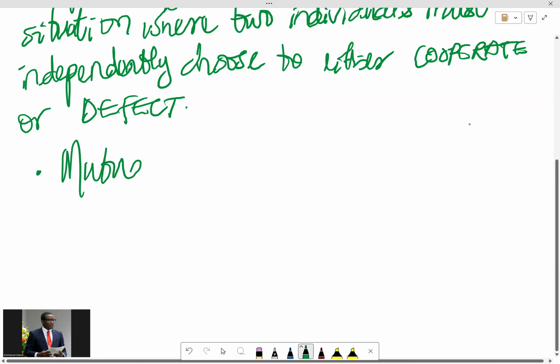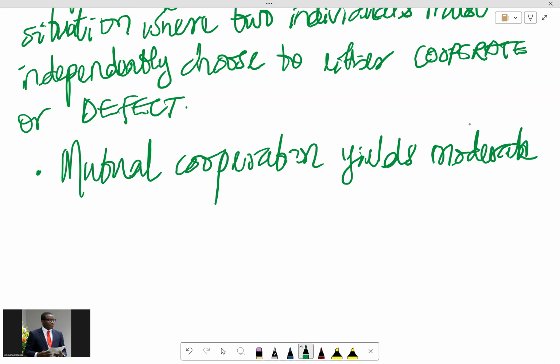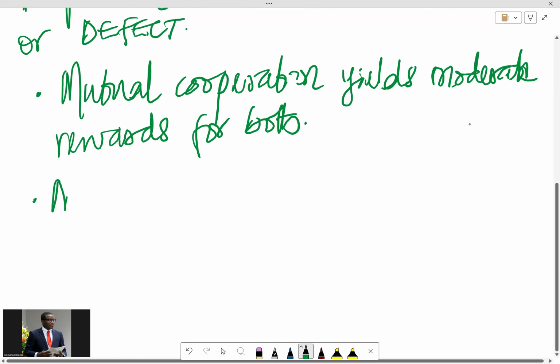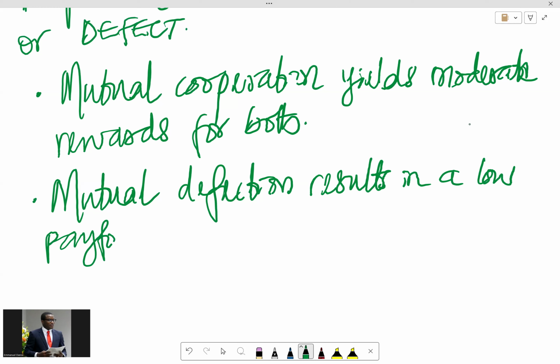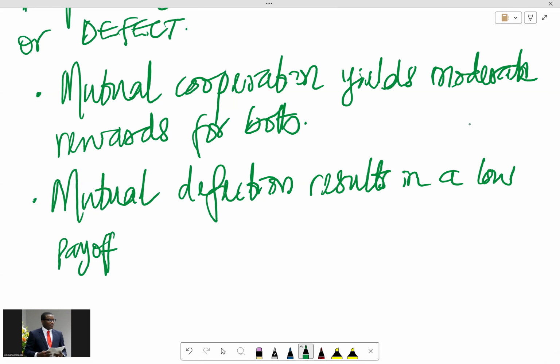Mutual cooperation yields moderate rewards for both. Mutual defection, more like mutual betrayal, results in a low payoff for both.